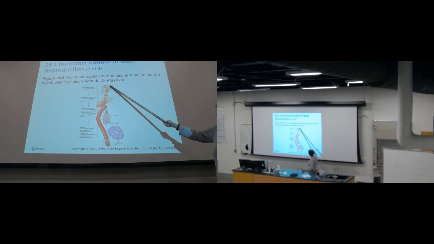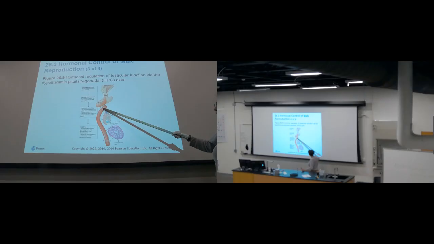So the hypothalamus secretes GnRH. That reaches the anterior pituitary gland, which secretes FSH and LH. This is the third tier that goes into the bloodstream and into the testes.